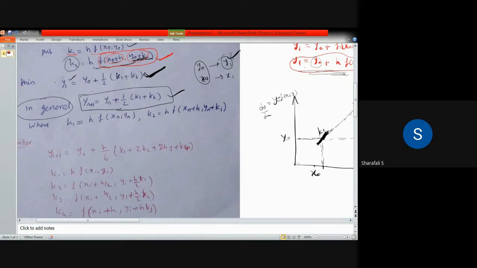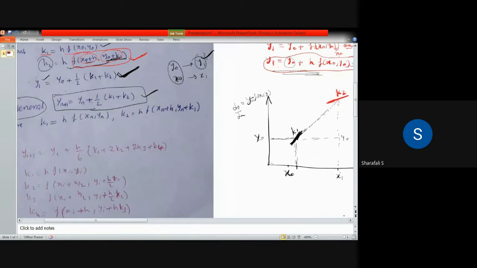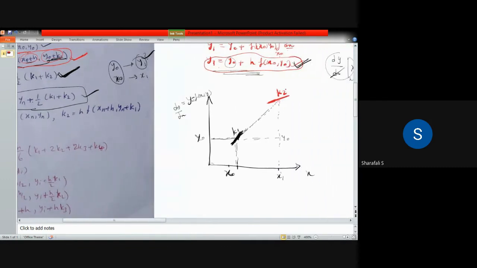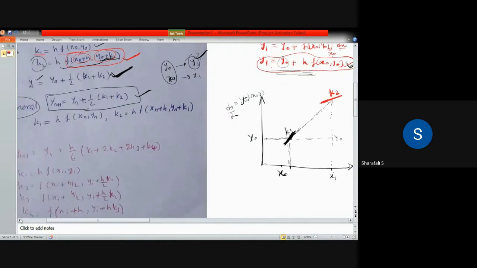Okay, so at this point, what is the slope? That will be given by k2.